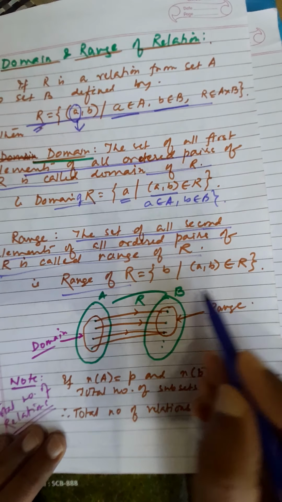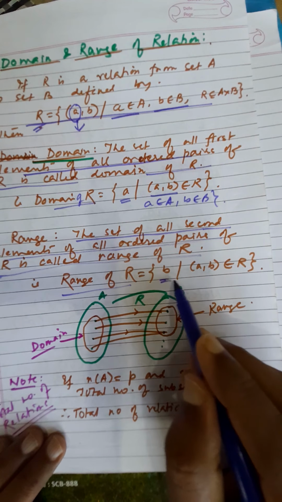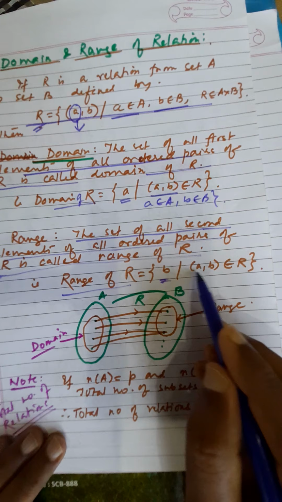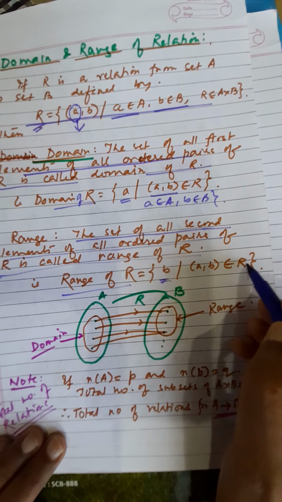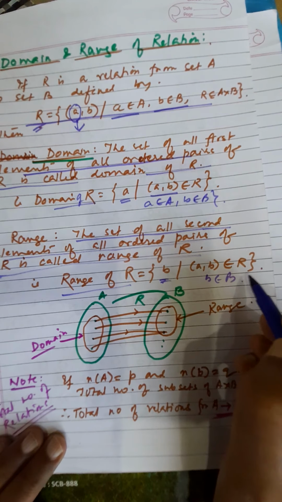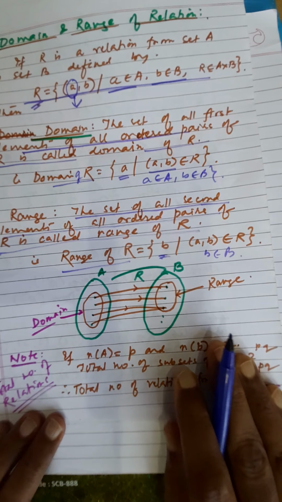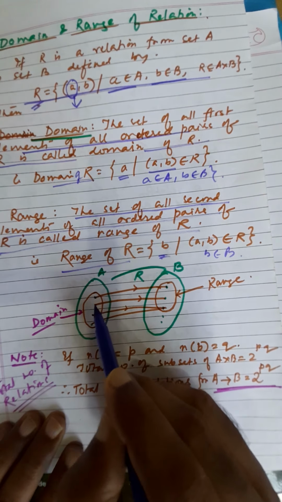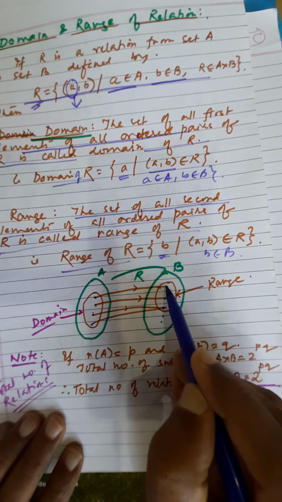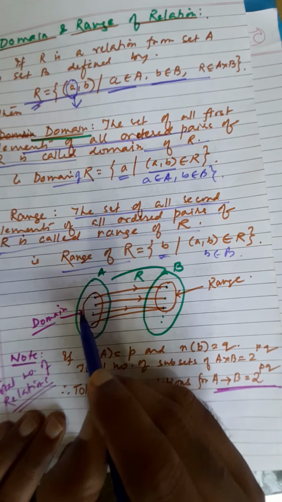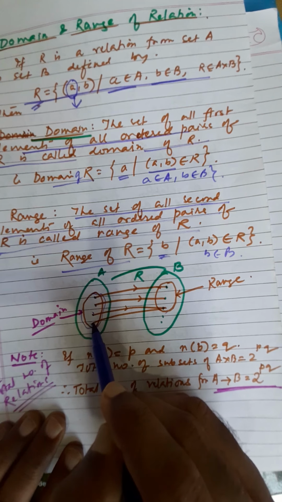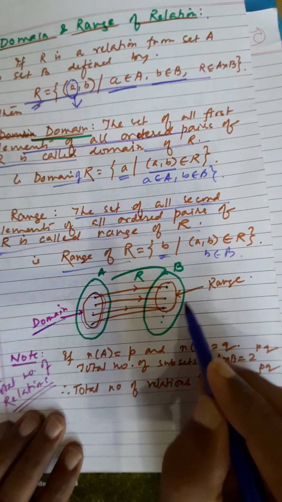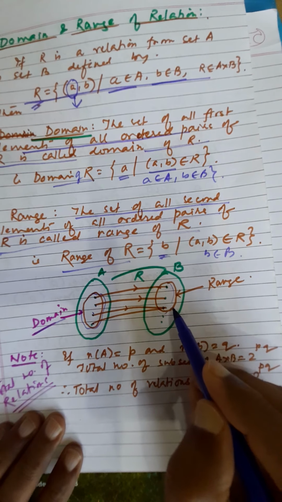So range of R is equal to b such that (a, b) belongs to R and b belongs to B. In a diagram, this is A, this is B, this is the relation R, and these elements are related to these elements. So the elements belonging to the first components form the domain, and the elements belonging to the second set form the range.